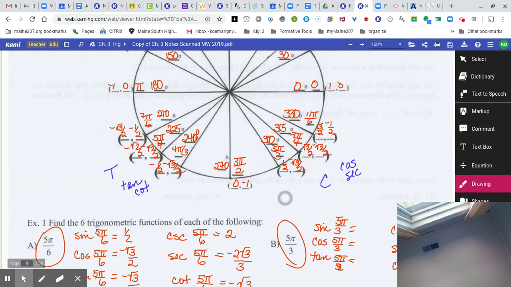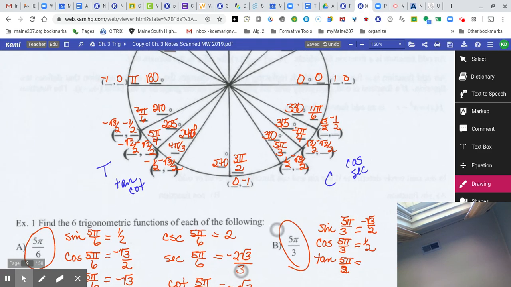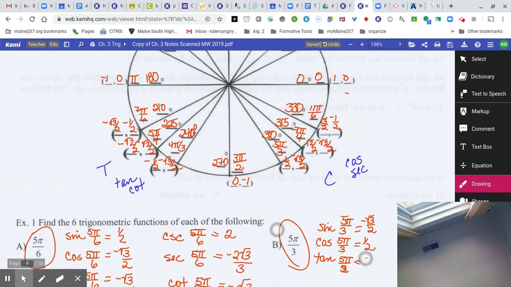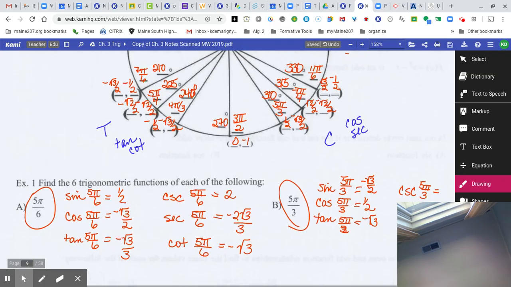So if I'm looking to produce them really quickly, this one's a negative root 3 over 2. This one's a positive 1/2. And then the sine over the cosine, negative root 3 over 2 over 1/2 would tell me that it's a negative root 3. That left hand, always in the way.